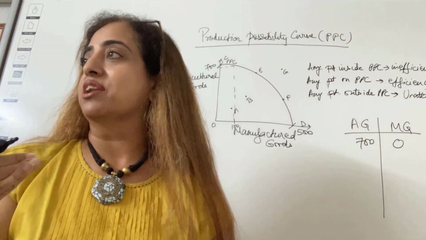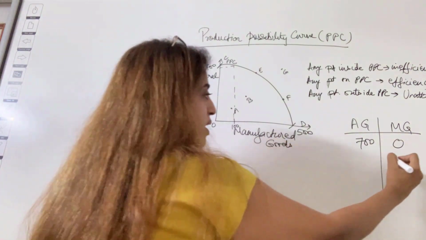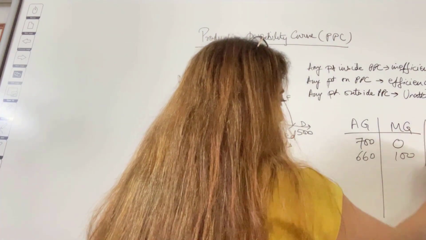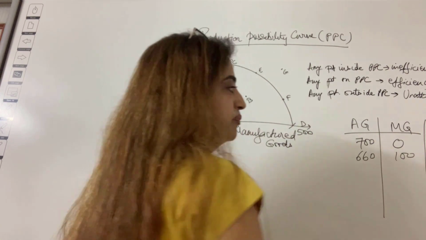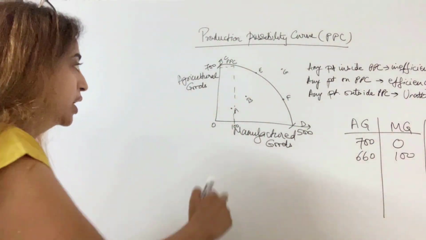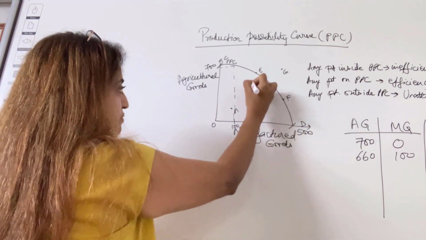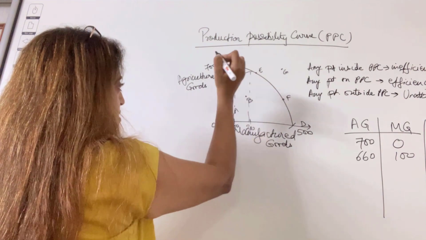So there will be some sacrifice from the agriculture sector, some output is lost. So let's say 100 units here, 660 here. So what is the opportunity cost now? 40 units of agriculture.